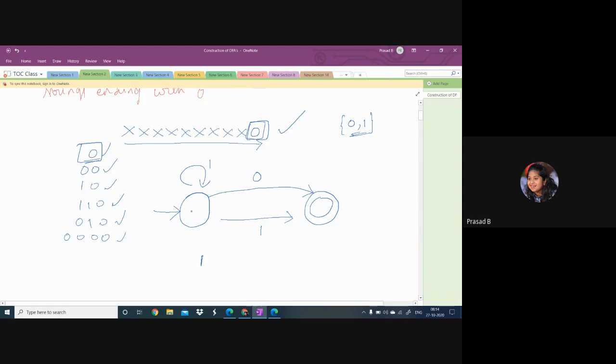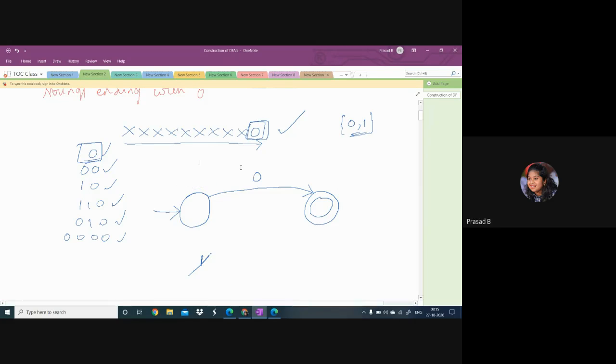If I go to final on 1, the string will be accepted, but it is invalid, because the string is valid only if it ends with 0. As the single 1 is not ending with 0, we should not go to final. That is the reason that on 1, we must remain in the same state.